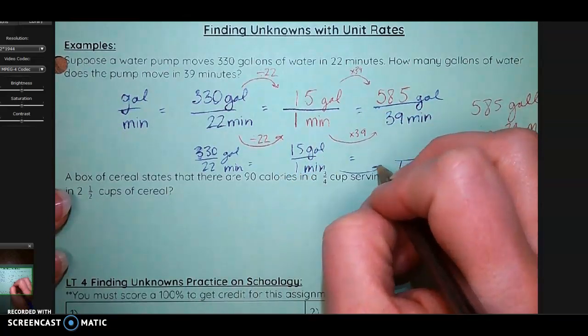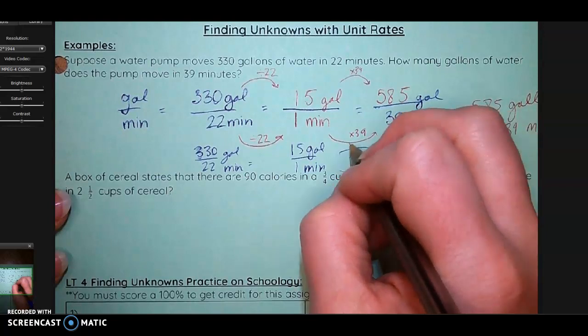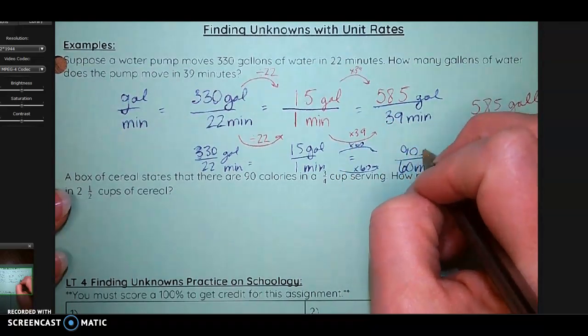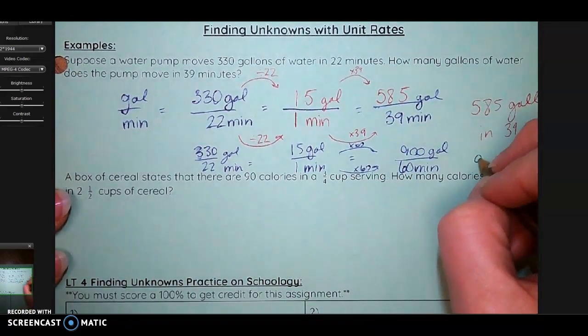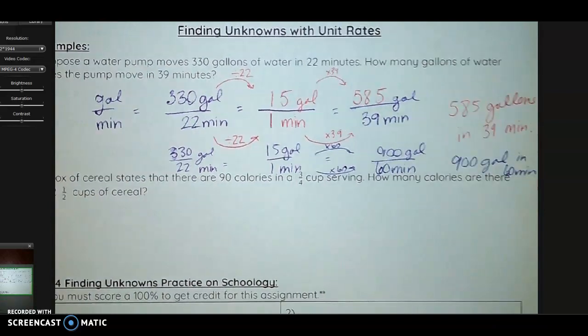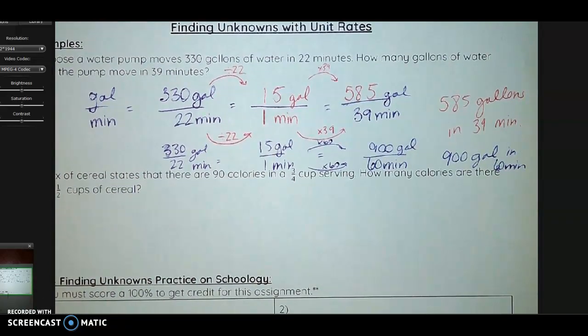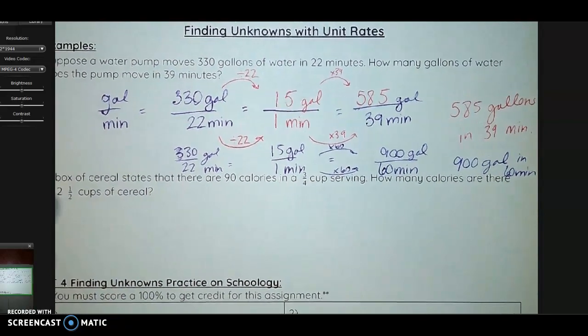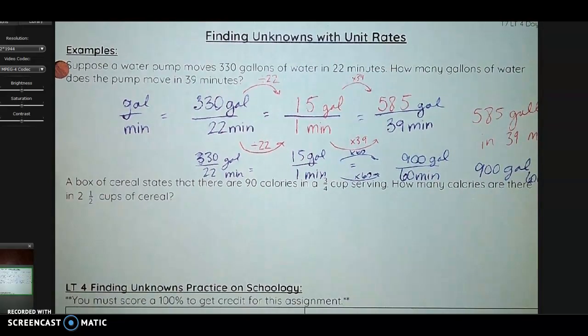And then when we did this times 60, we found out that you could move 900 gallons of water in 60 minutes, which is the same as saying you can move 900 gallons of water in 1 hour, which is impressive. They've got some pretty fantastic pumps on those fire trucks.